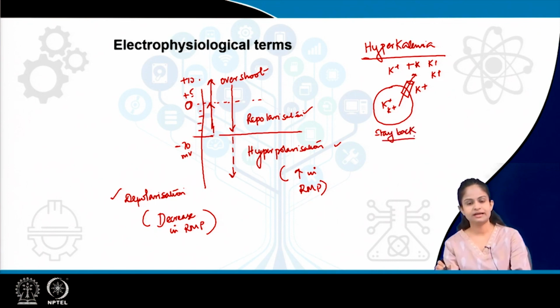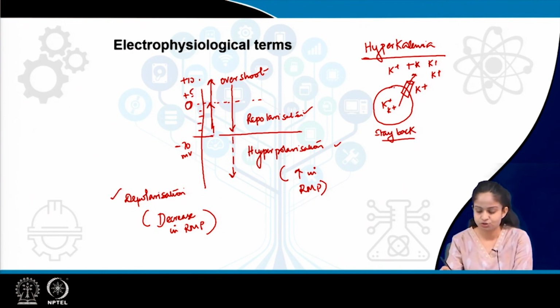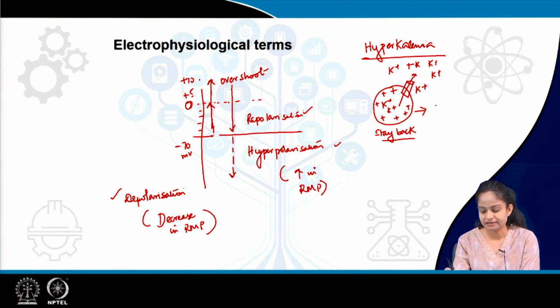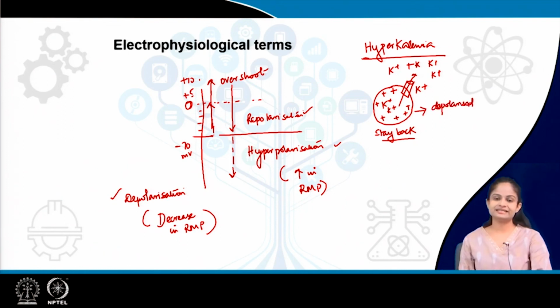Now, when the potassium ions are staying back in the cell, which means there will be positive ions or cations developing in the cell, which means it is getting depolarized. The cell is getting depolarized or depolarization is occurring, which means there is decrease in the resting membrane potential.